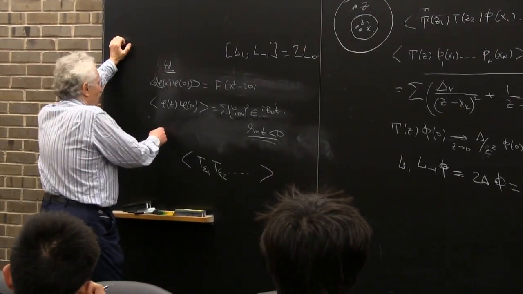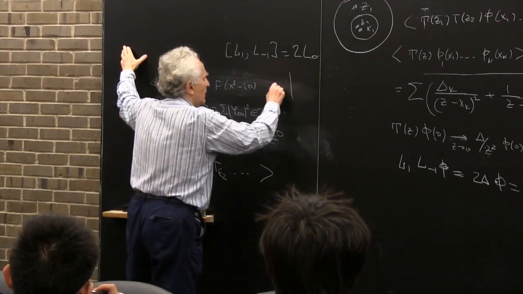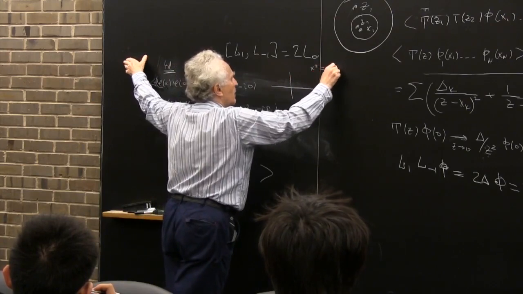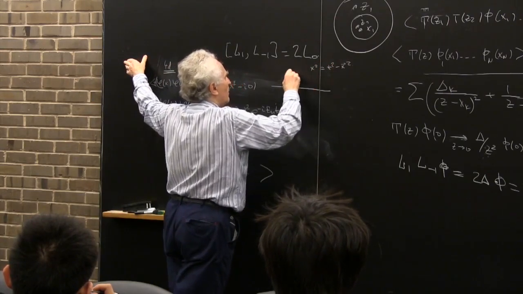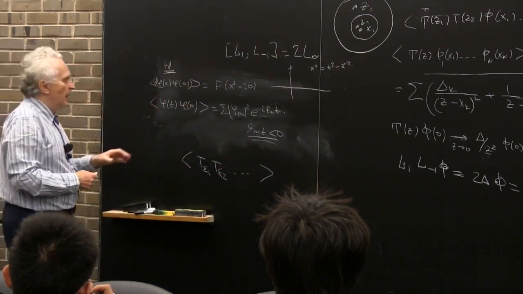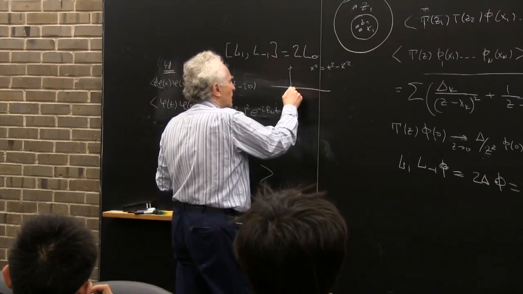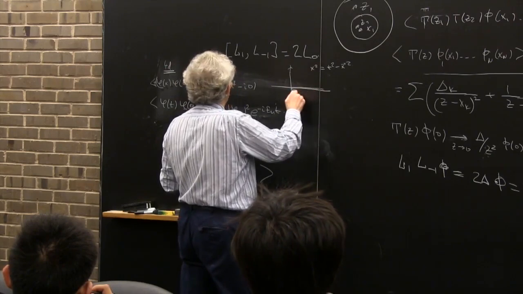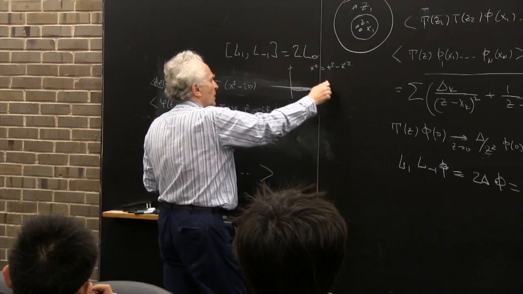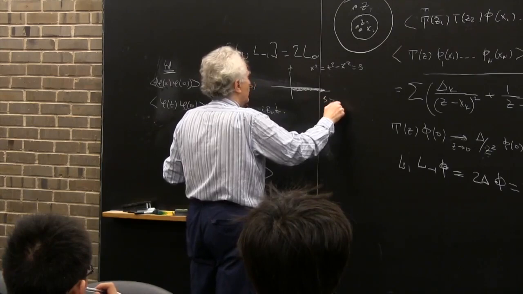The important thing is that this function in the complex plane of x squared, where x squared is t squared minus x squared, is the following. It's an analytic function with a cut or a pole, generally speaking a cut, for x squared, let's call it s, for s greater than 0.